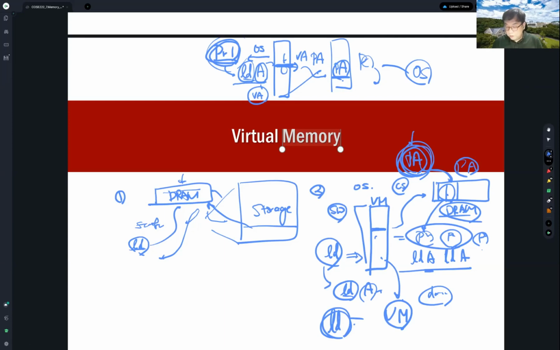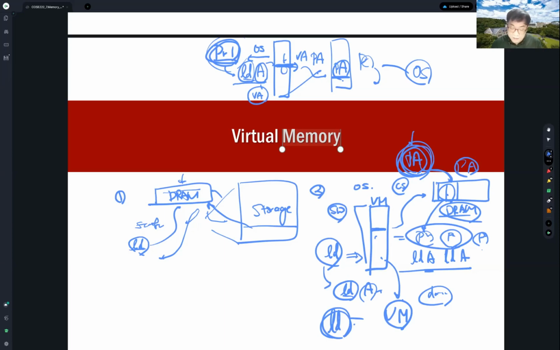Actually in a computer system, the operating system and the processor hardware support this virtual memory management. Which means it supports the address translation. Also it supports some caching of the virtual memory translation.